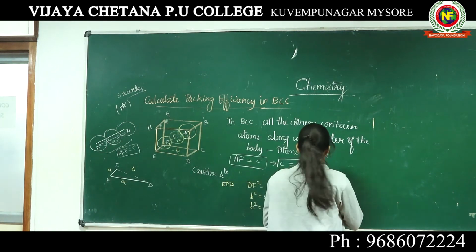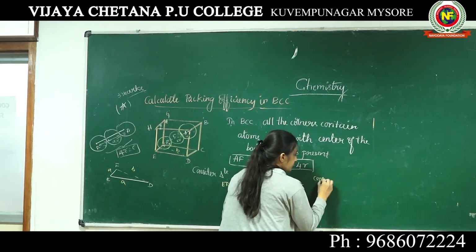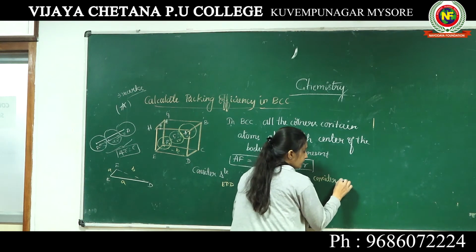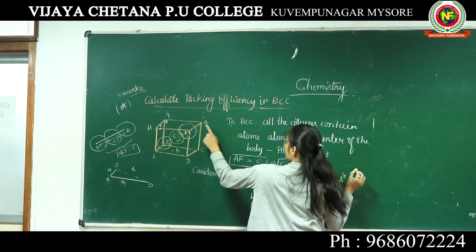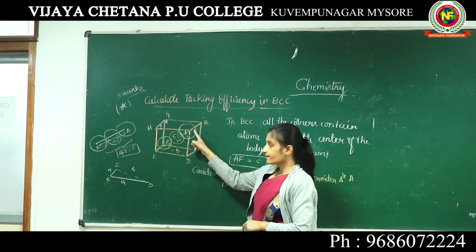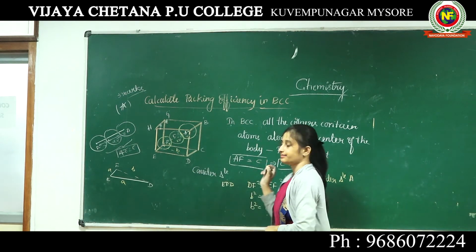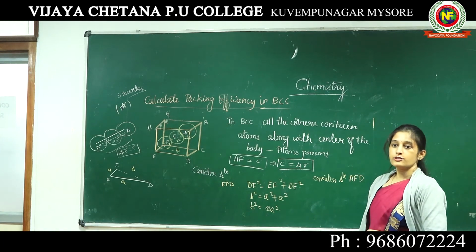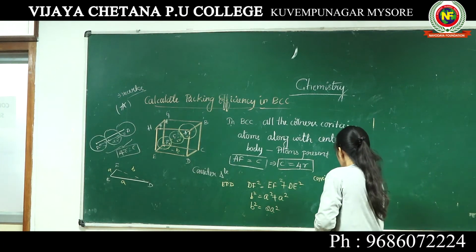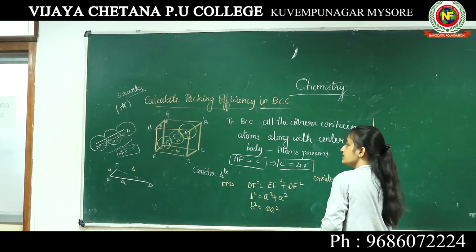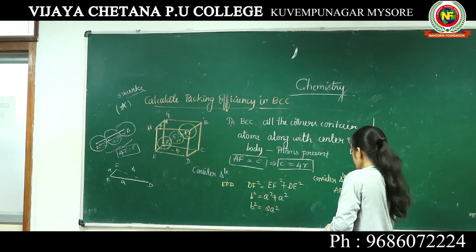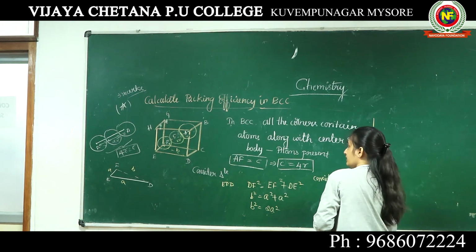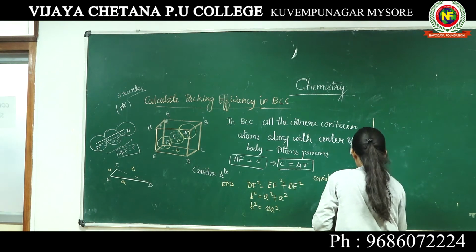Next, second triangle. Consider triangle AFD. Apply Pythagoras rule. AF square is equal to FD square plus DA square.